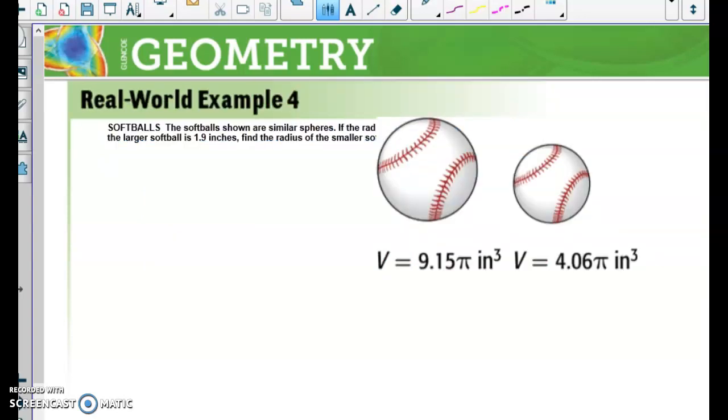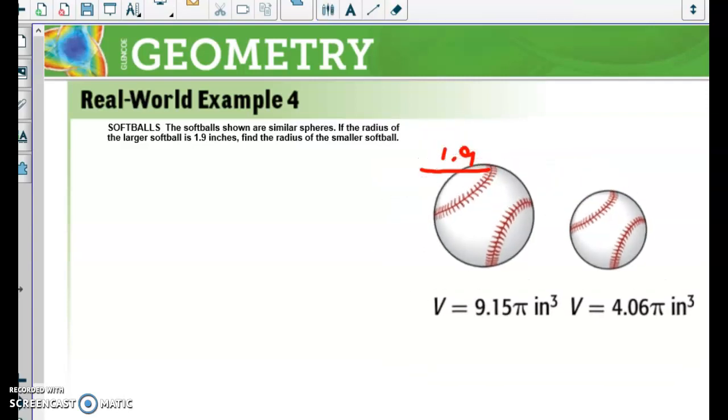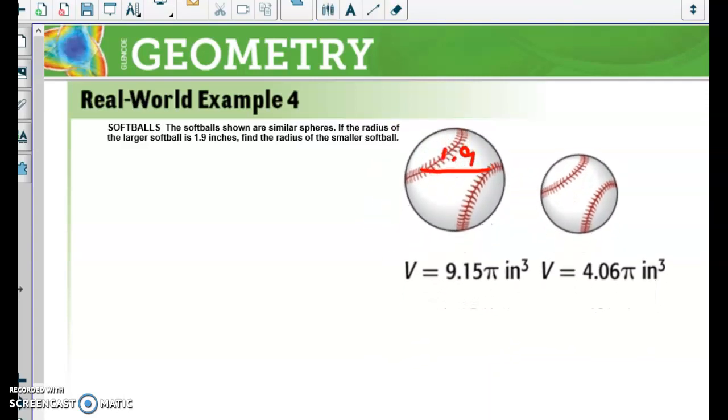We're going to do the same with the softballs. Softballs shown are similar spheres. If the radius of the larger one is 1.9. Try to move this picture so you can see it. There we go. Find the radius.